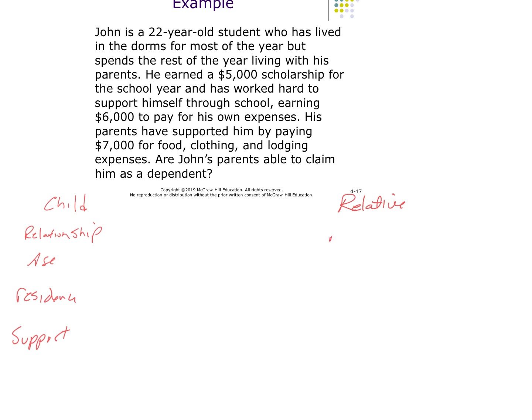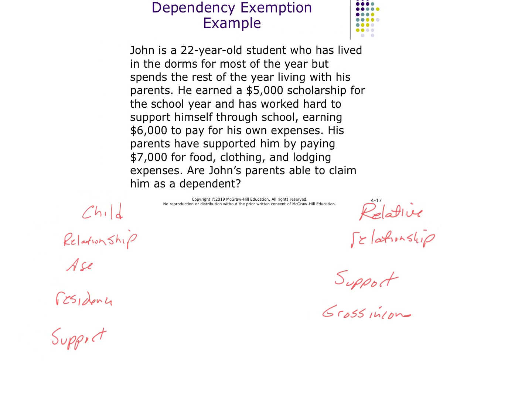He has to pass the relationship test, he has to pass the support test, and he has to pass a gross income test. Okay?